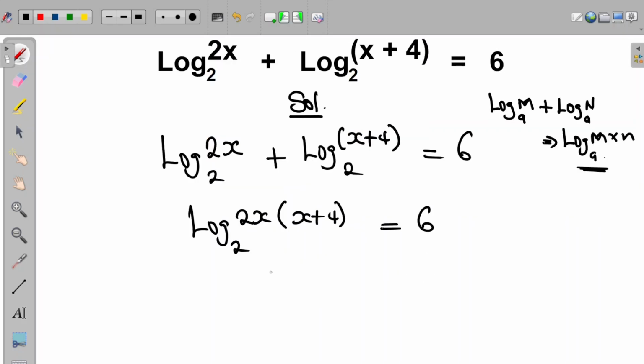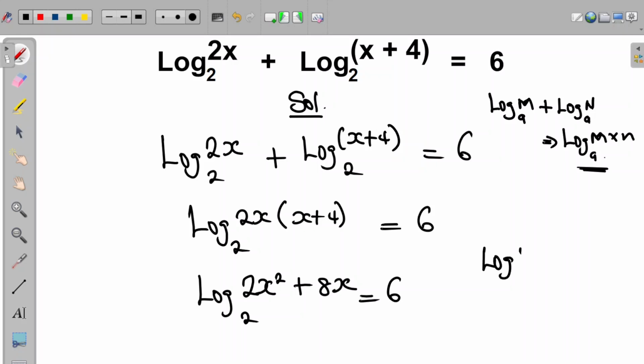Now, if we expand the bracket, this becomes log of (2x squared plus 8x) in base 2 equal to 6. Also, recall that 6 can be expressed as log of 2 raised to the power of 6 in base 2.